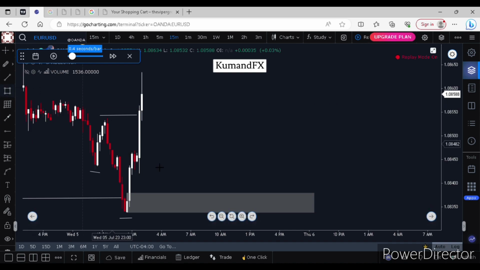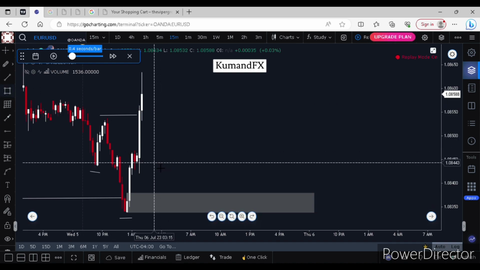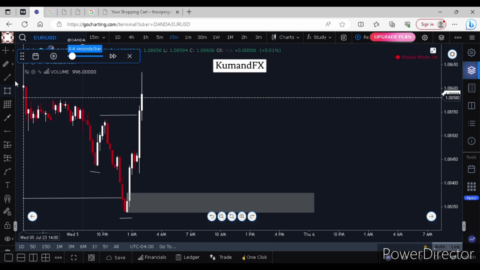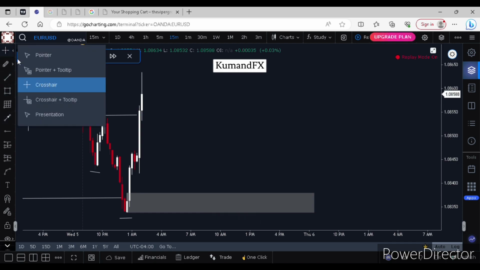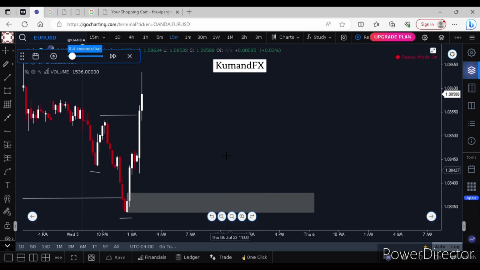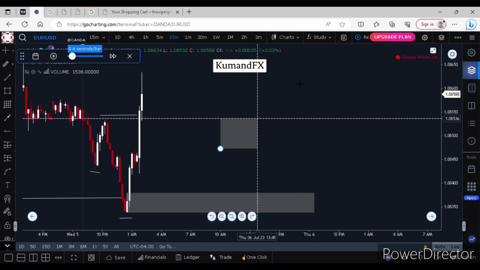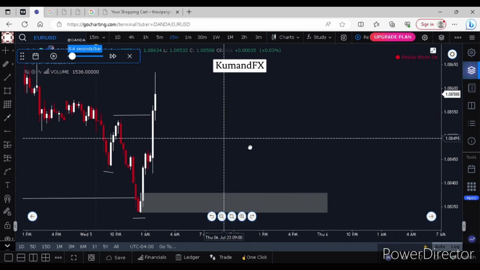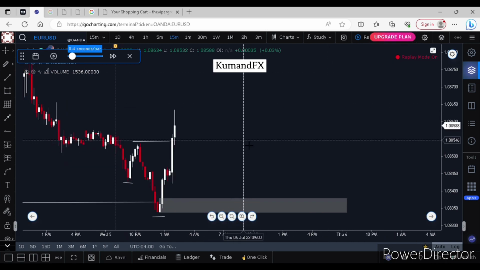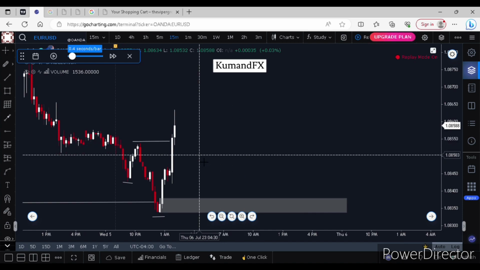So we are not expecting price to do otherwise from that demand level, but sometimes a change of character might just be a sweep of liquidity and a continuation to the downside. But we expect price to continue to the upside this time around, looking at the fact that it swept liquidity on the higher time frame.